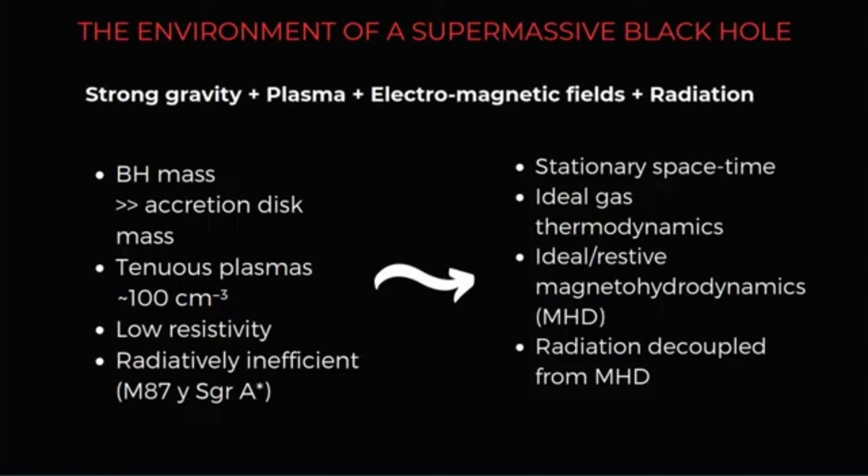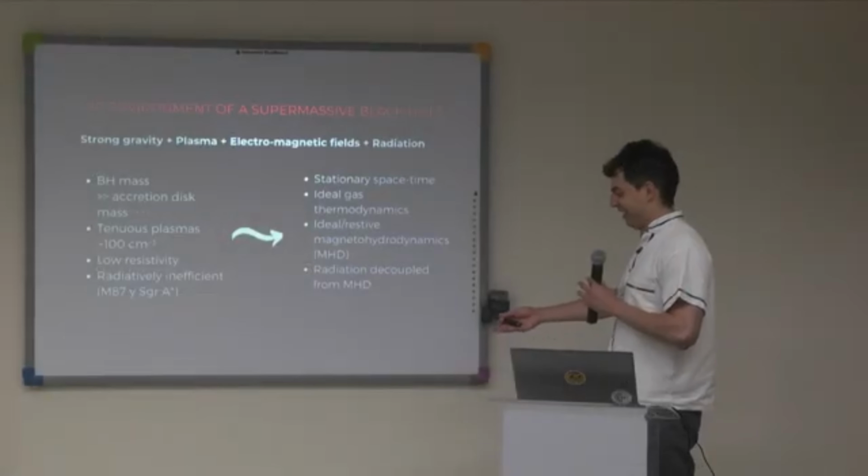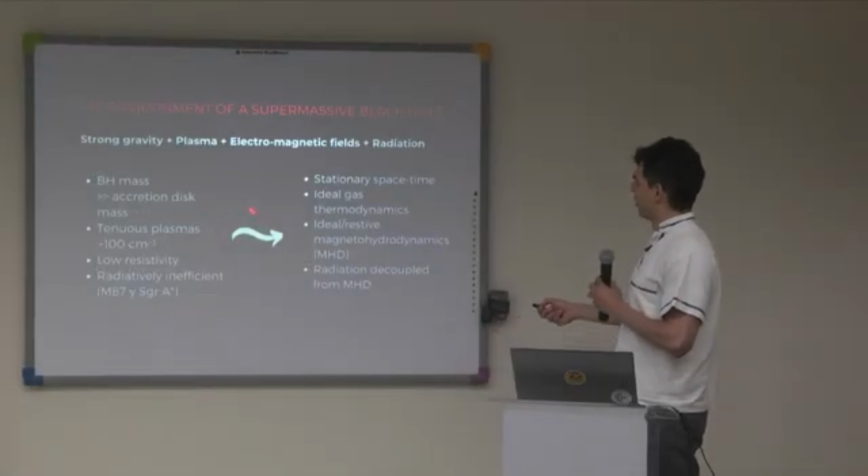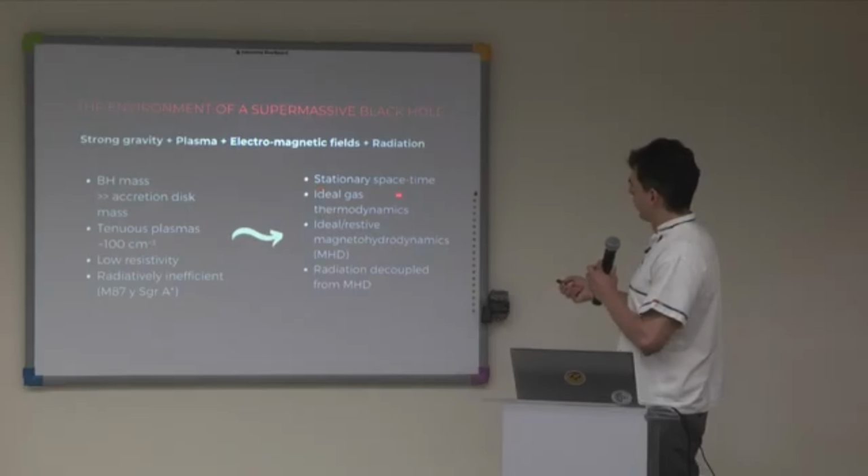It can go perhaps to even 1 million particles per cubic centimeter, but this is also something that is extremely tenuous. So from this we know that plasmas most likely or very hardly affect the background metric. So this allows us to consider that for simulations we will always use stationary spacetimes.